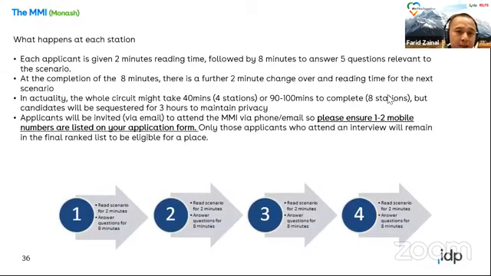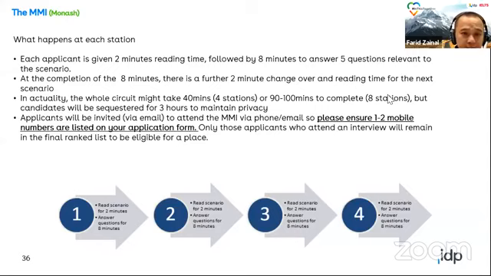What happens at each station is each applicant is given 2 minutes of reading time, followed by 8 minutes to answer some questions. At the completion of the 8 minutes, there will be a further 2 minutes changeover. All in all, it will take about 90 to 100 minutes to complete these stations.